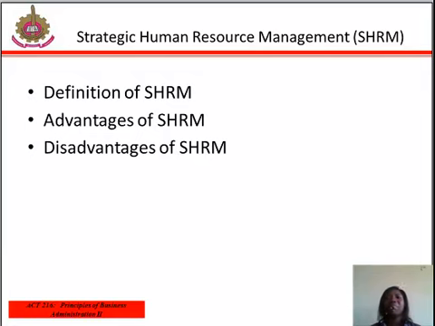It can be defined as the linking of human resources with strategic goals and objectives in order to improve business performance and develop an organizational culture that fosters innovation, flexibility, and competitive advantages.